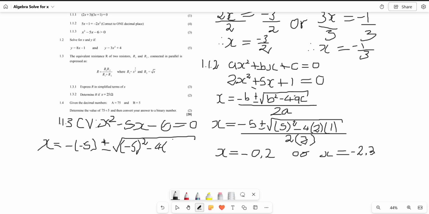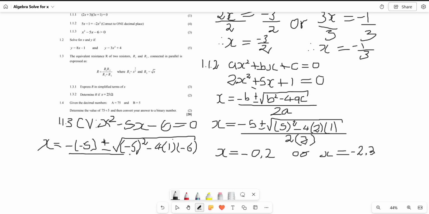The value of a is the number before an x squared, and we only have an x squared. There is a silent 1 here that mathematically we don't write, but it is there. So our a is positive 1, in brackets, times the value of c, our constant, which is negative 6, in brackets.